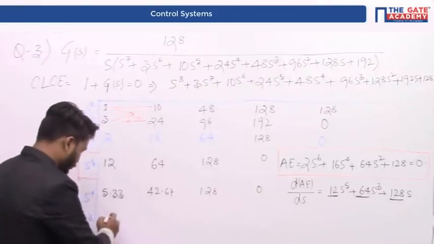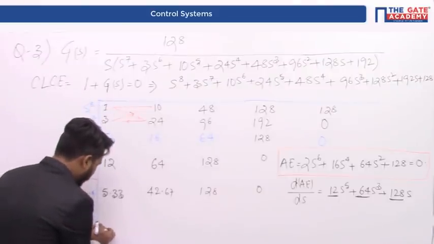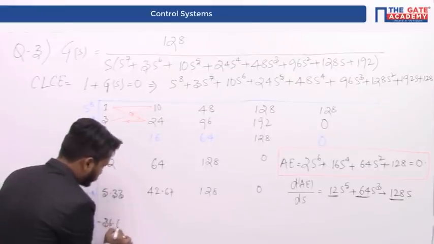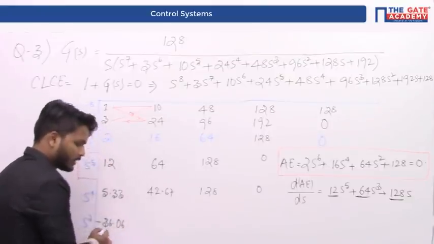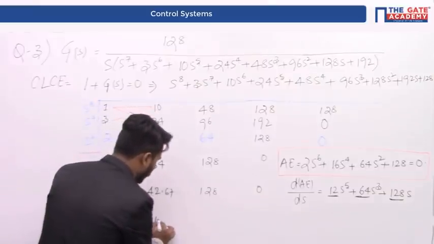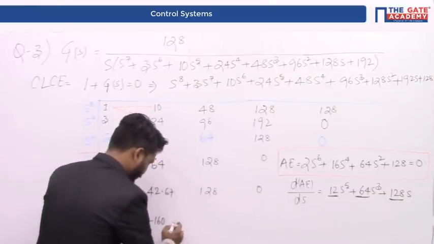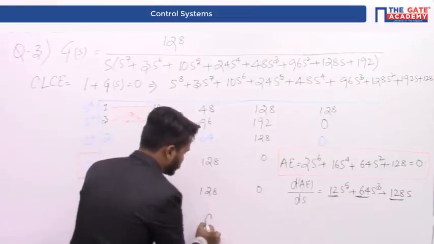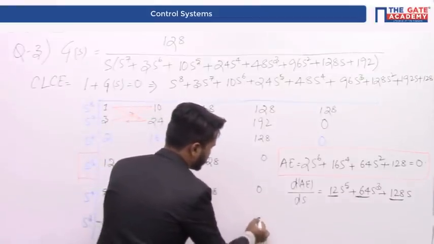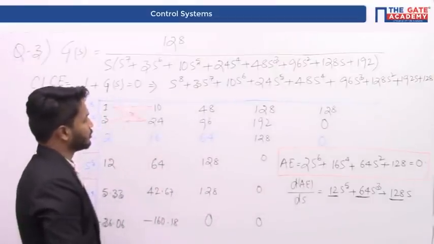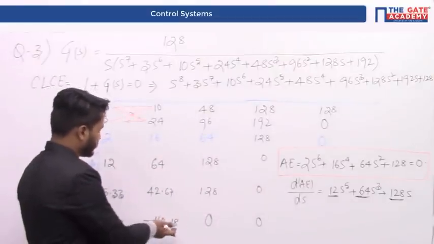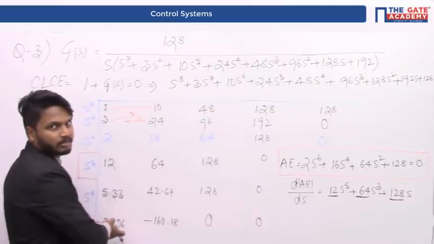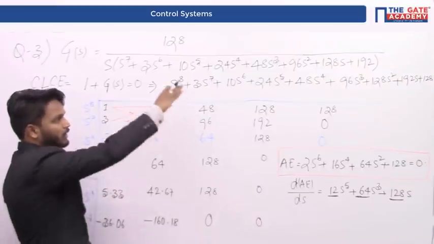The next row you will get minus 32.06, and the next is minus 160.18, and the next is 0. This is anyways 0. So I'll just continue this particular Routh array at the top of the board.